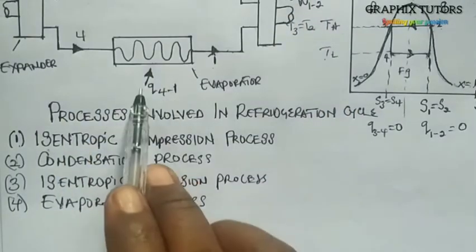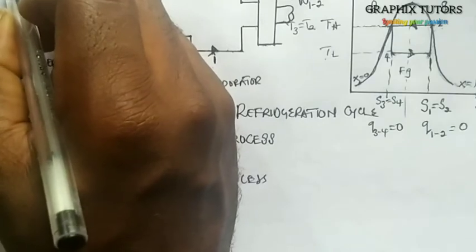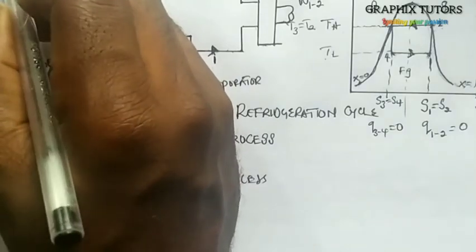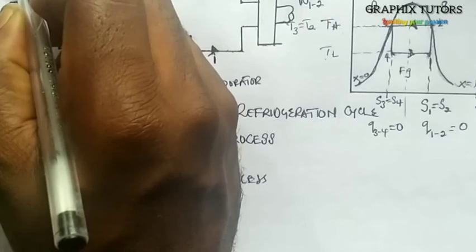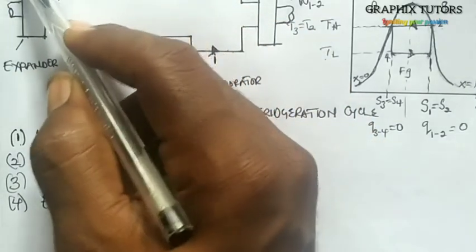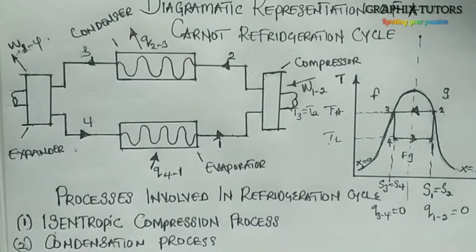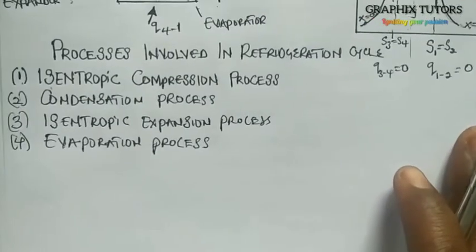Q4 to 1, heat is added. But at the expander, work is done to the surroundings. So we have W3 to 4, from state 3 to state 4, we're having that. You can see that. So that is the evaporation process.